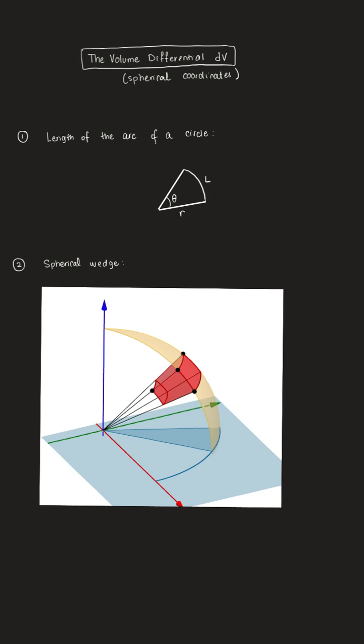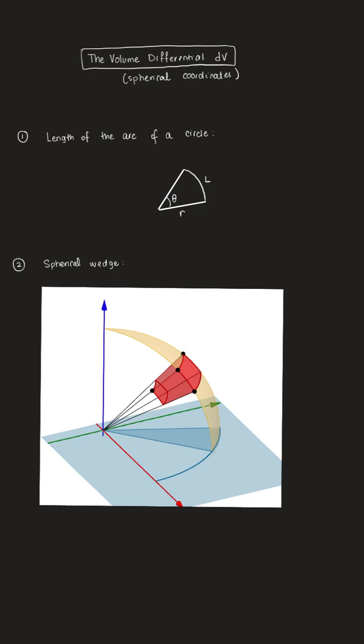So before we get there, I just want to review how we get the length of an arc of a circle, because that's going to come into play in our formula. So here is this little pizza slice where the angle between the two radii is theta, and then we have the radius r, and we want to know an expression for the arc length L of that little sector.